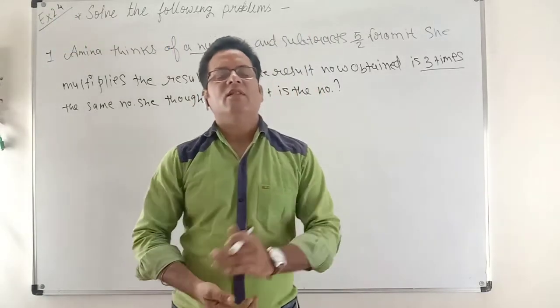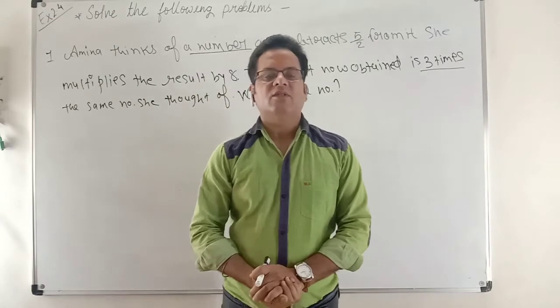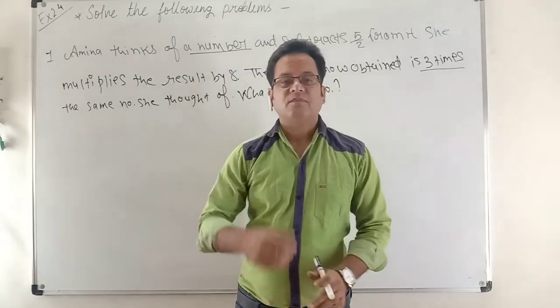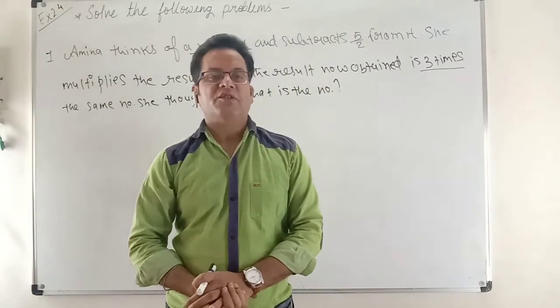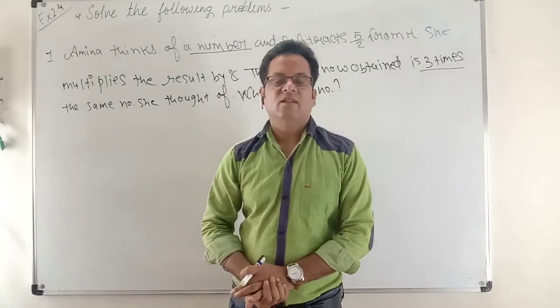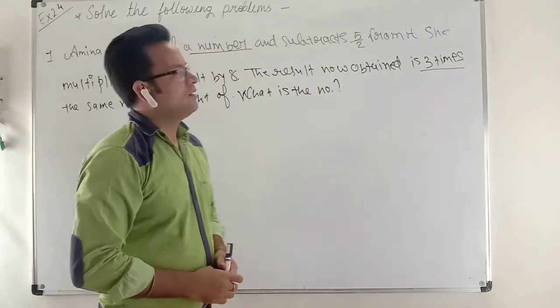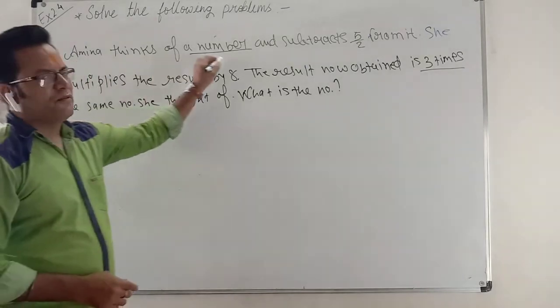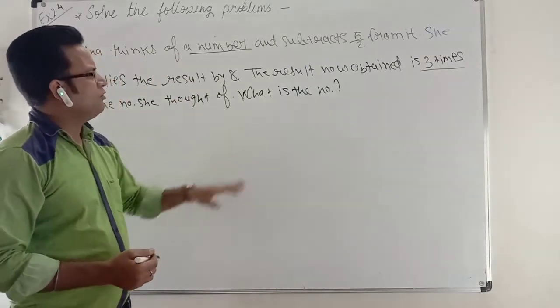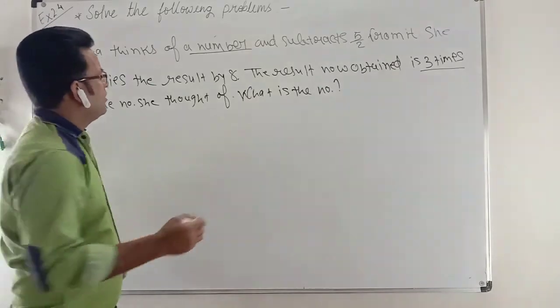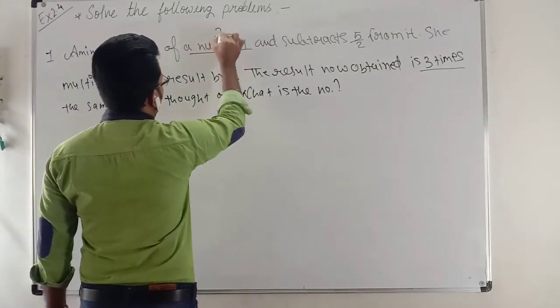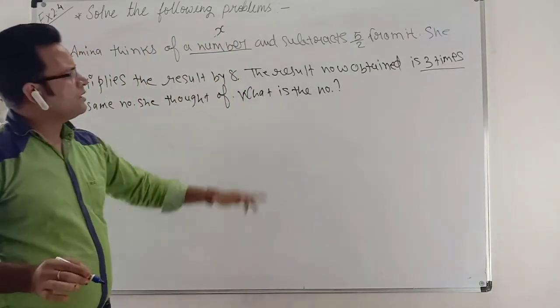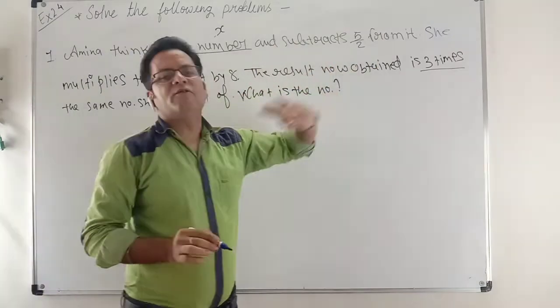Means we have to understand the question properly, because we have to frame the equation before solving the sum. Now let's look at the question. Amina thinks of a number. Okay, you have to find your number only. So let's suppose that number is x, and subtract 5 by 2 from it.